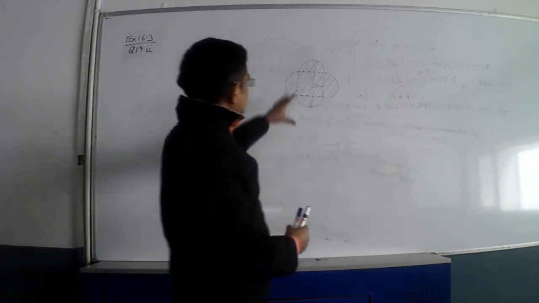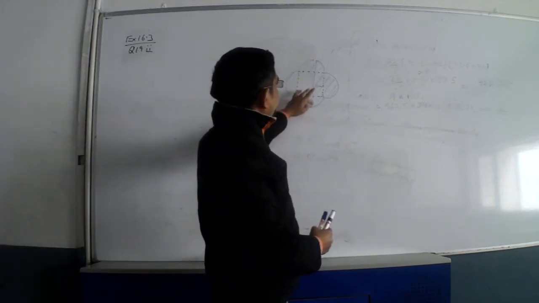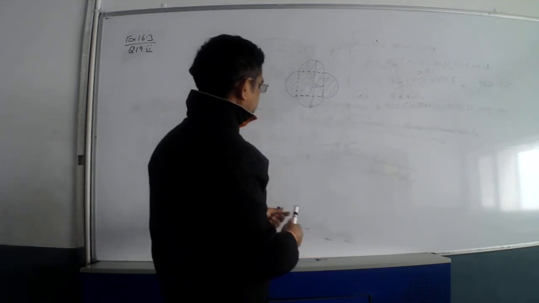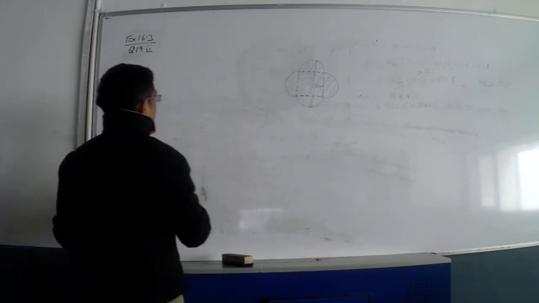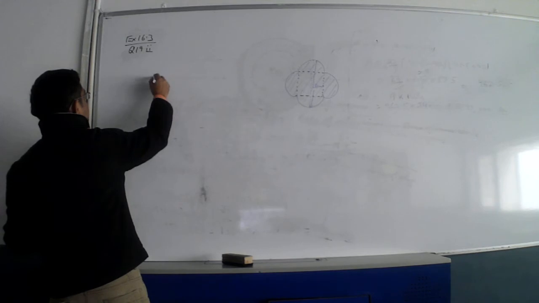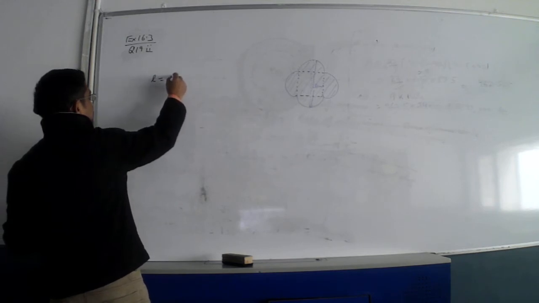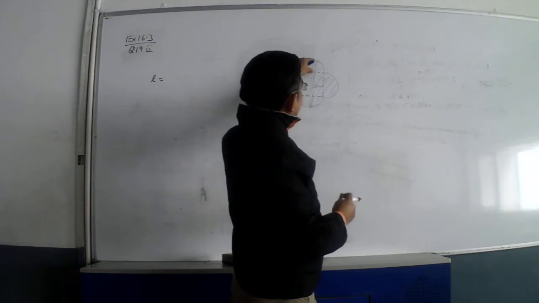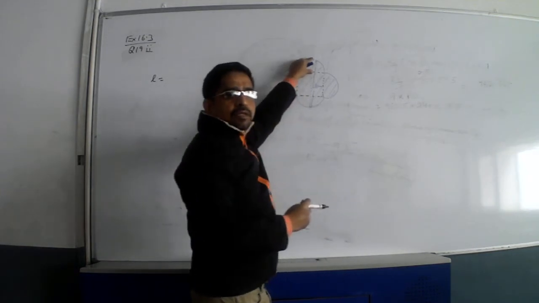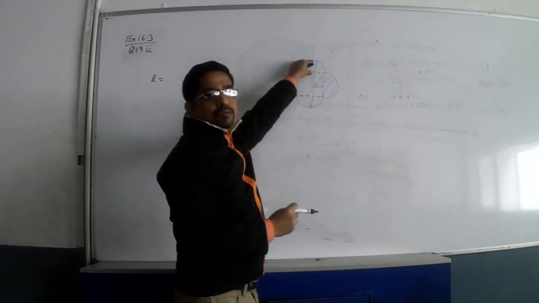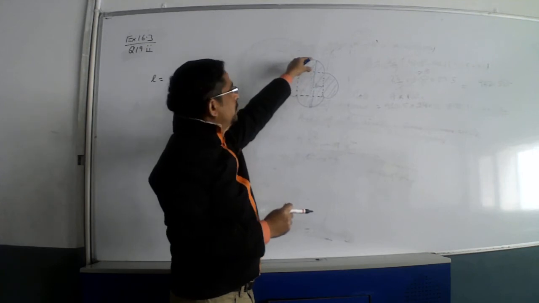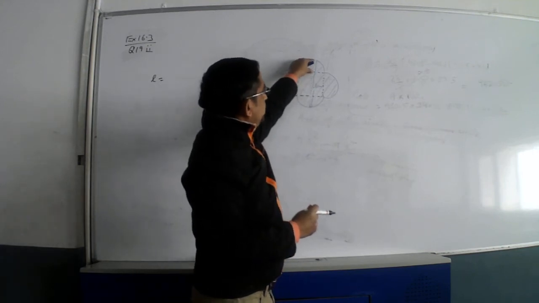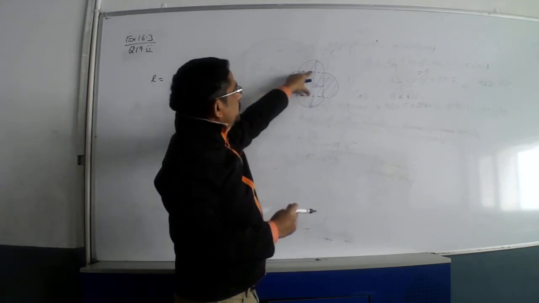Now look here, this is given from here till here 28. Now what is this length actually? So this length, which is given 28 centimeter, is this length, and this length is the radius of semicircle. So look here carefully, this length is radius. Then what is this length?